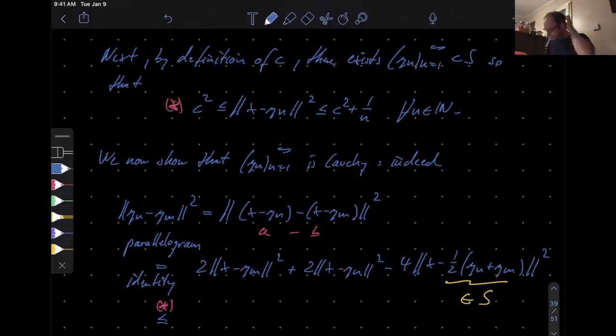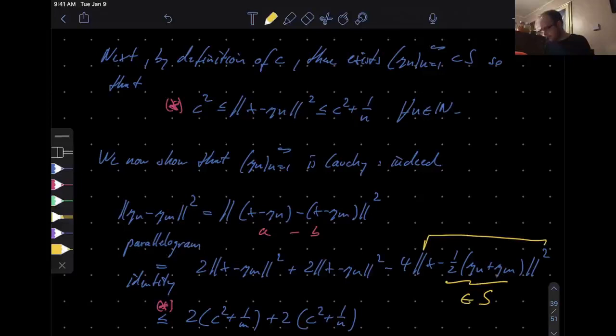So x minus yn squared is at most c squared plus 1 over n. So 2 times, here n is m, so c squared plus 1 over m. Then the same thing with m replaced by n. And now, since this is in S, this is at least the third quantity here. This is at least as big as the minimizer. And since there's a squared, it's at least as big as the minimizer squared.